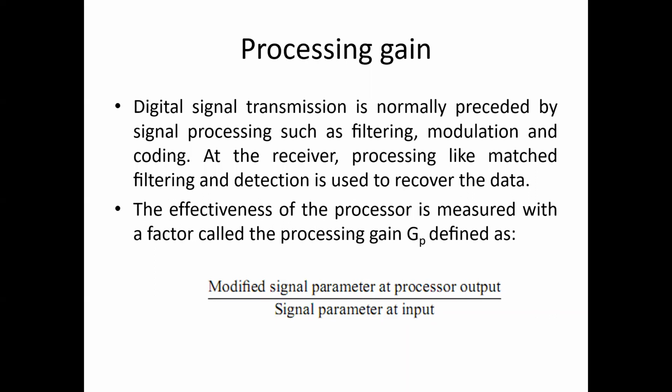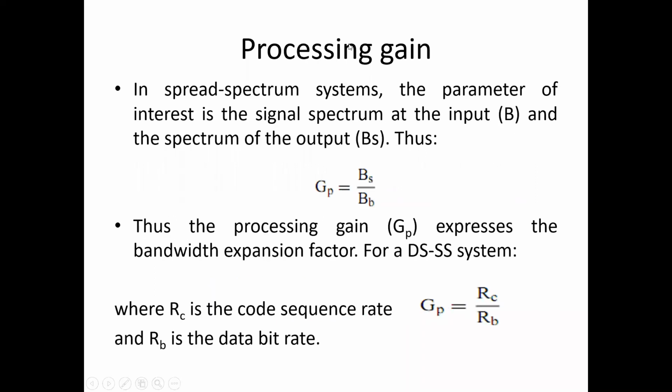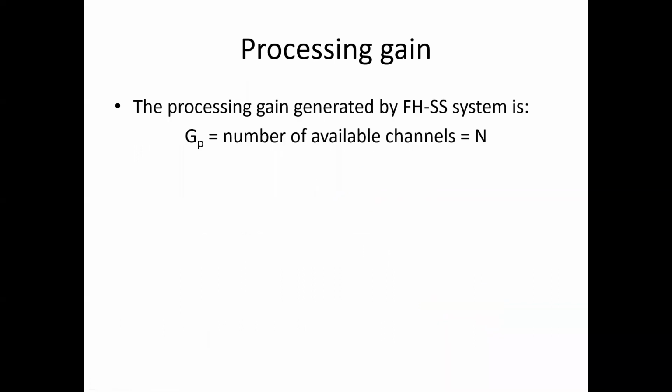So we said that the processing gain in the direct sequence spread spectrum system is the bandwidth of the chip over the bandwidth of the bitrate, or RC over RB, I mean the chip rate over the bitrate. And as you know, the chip rate is higher than the bitrate, so the gain is greater than 1. What will happen if you are talking about frequency hopping?